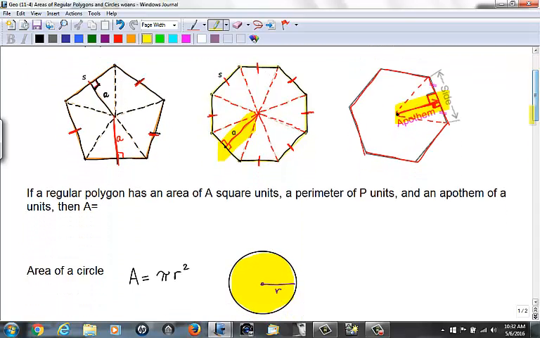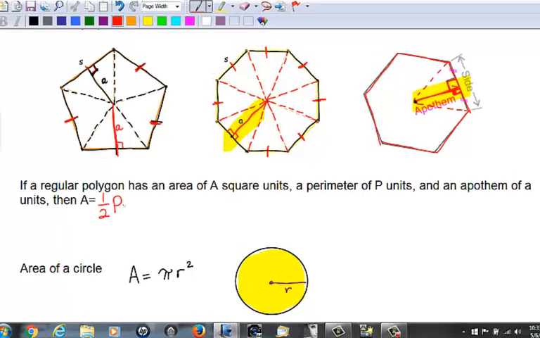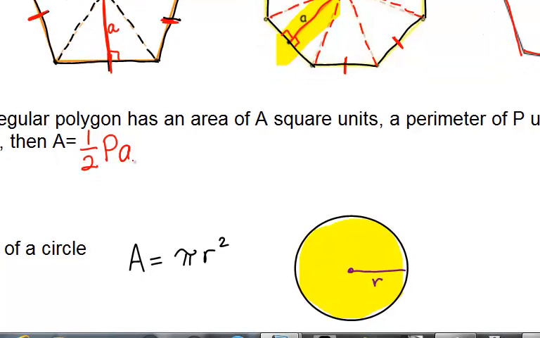Okay, so if a regular polygon has an area of A square units, a perimeter P, the distance around, and the apothem a, then A equals, and this is the general formula for a regular polygon, 1/2 the perimeter times the apothem.